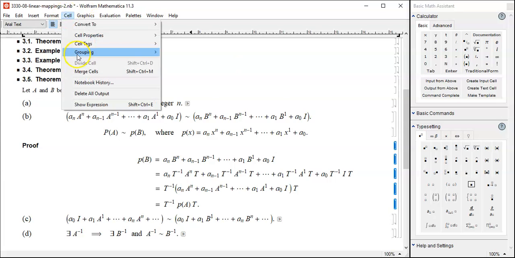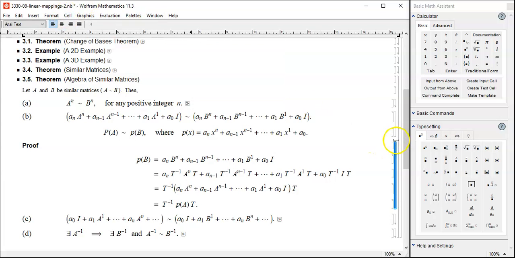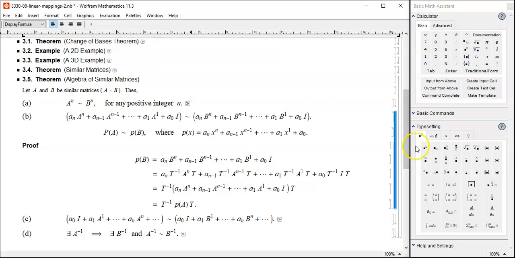So yes, polynomial expressions are similar as well. Establishing the similarity, that part is difficult, and we're going to do that in a separate video. But working with similarity is not too difficult.